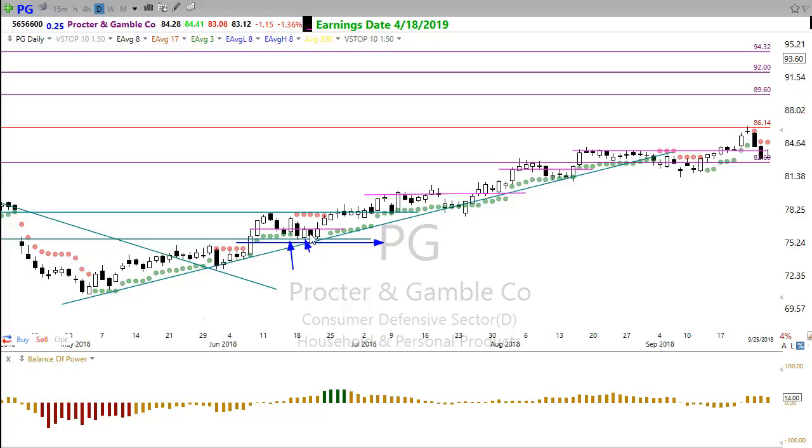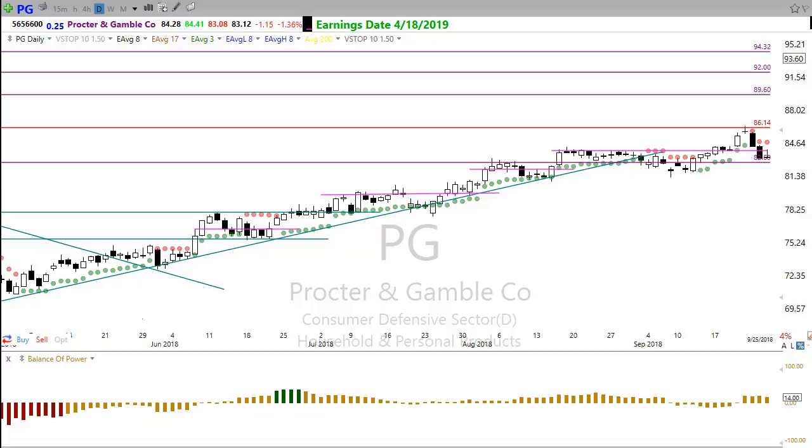So this one would have held. It doesn't always do that, but this one would have held. I chose to buy it here. You guys know I like to look for those little consolidating patterns in here, and I bought it here. Was it below the red volatility stop? Yes.